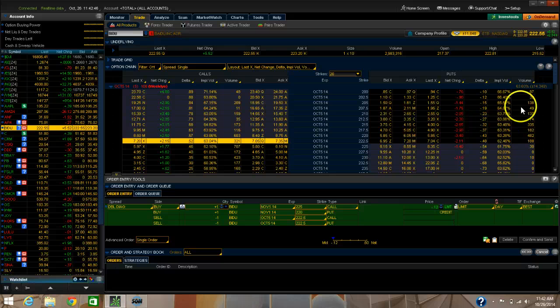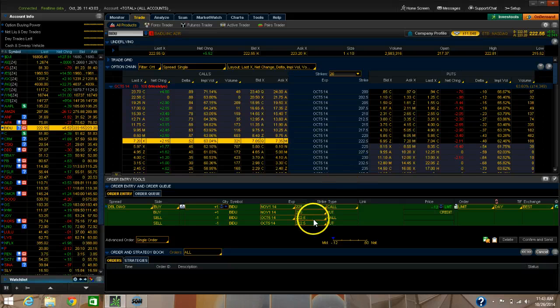So we know that in Baidu, we have an expected move of plus or minus 15 points, okay? 14.34, as we can see here, plus or minus. So what we want to do is encompass that movement.